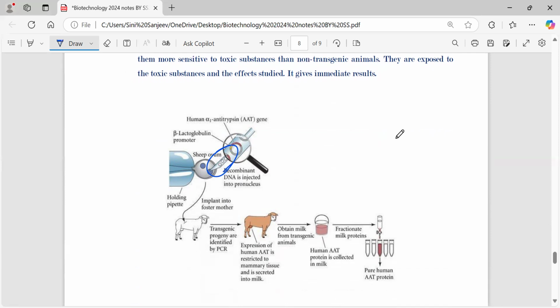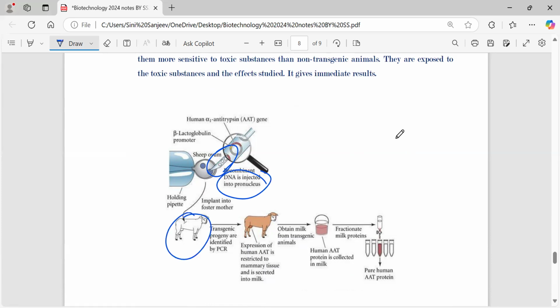The beta lactoglobulin, which I told you is in the milk, is also there over here. The AAT gene is also put into this sheep ovum, and you get recombinant DNA. This is considered a pronucleus. Later, you implant the egg into a foster mother, or surrogate mother.